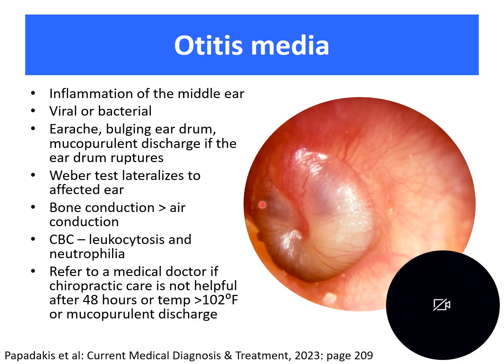If you look at this bulging eardrum, you can actually see an air fluid level, and that's the mucopurulent material that is accumulating behind the tympanic membrane. But as I said, once you see mucopus in the outer ear canal, there is a perforation. You can put money down.